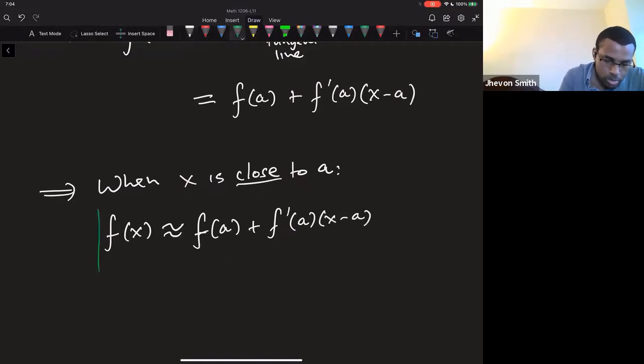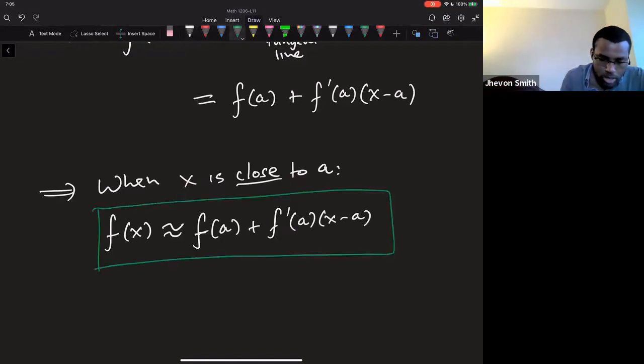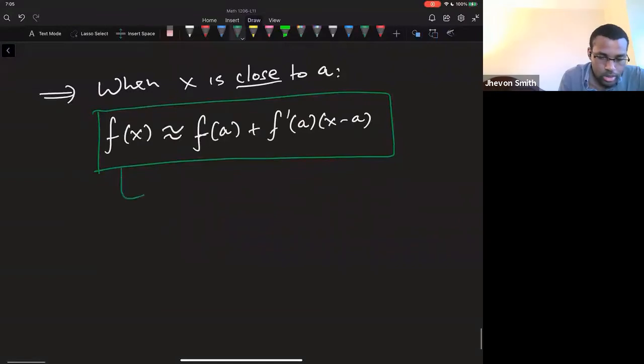And this expression is very important. That is actually the main formula in this section. This is the linear approximation formula.